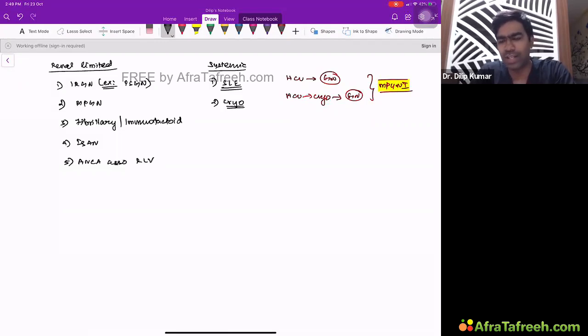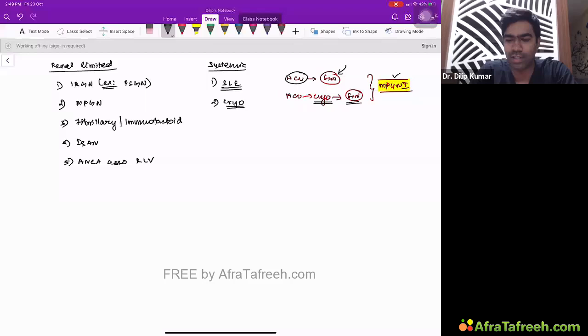But how will you differentiate in exam? If you have an underlying HCV and you have only glomerulonephritis, that is MPGN type 1. Suppose you have HCV with palpable purpura, arthritis, and so many other manifestations of cryoglobulinemia, and that is producing glomerulonephritis, this will be called cryoglobulinemic glomerulonephritis, and that will have the histological manifestation of MPGN type 1.